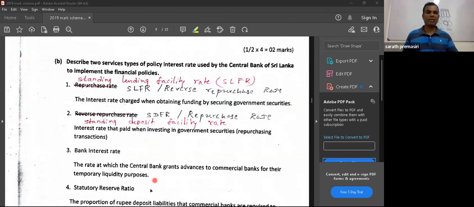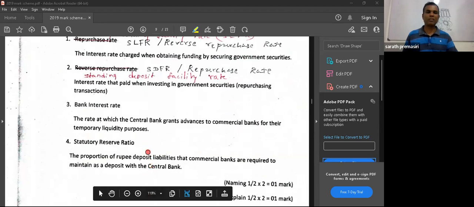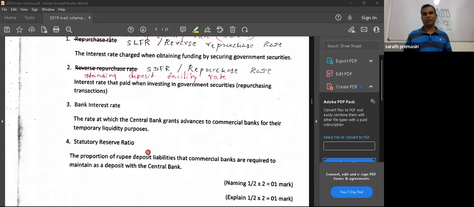The other one is statutory reserve ratio. Now whenever commercial banks are accepting deposits from the customers, a certain percentage should be kept in the central bank according to the command given by the central bank.